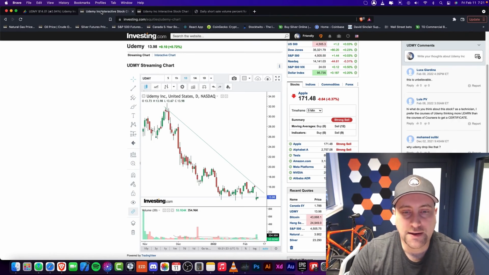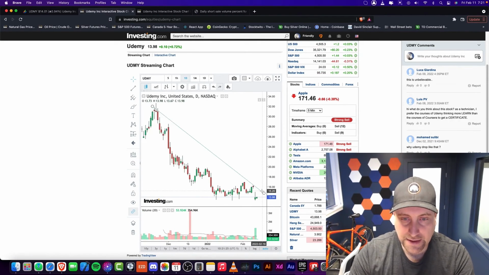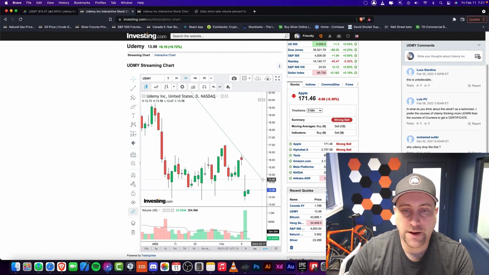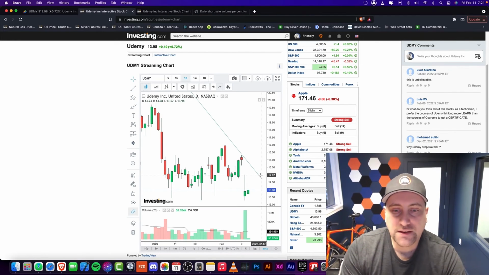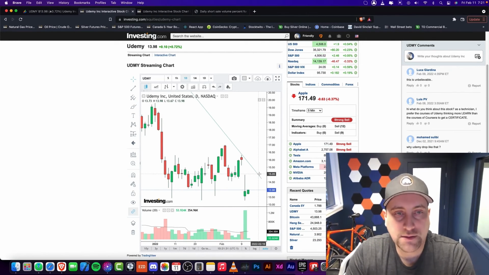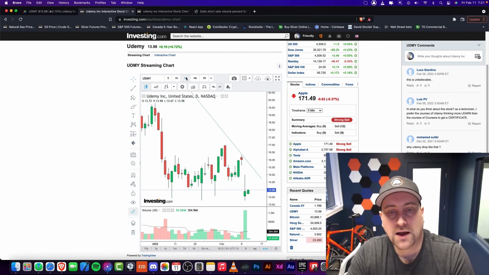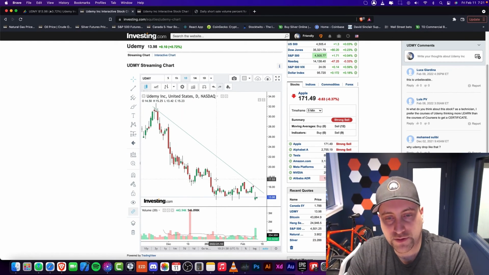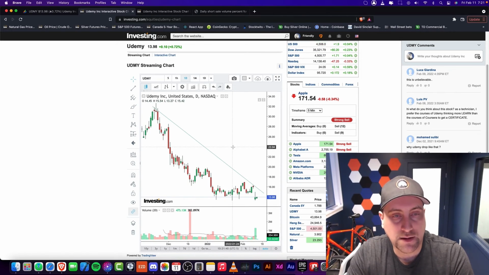So again, just to recap, we're looking for about a $15-ish break to break this daily downtrend. Otherwise, things might consolidate like last time. We had a downtrend, it broke, and then it consolidated. Now it's back on a downtrend.